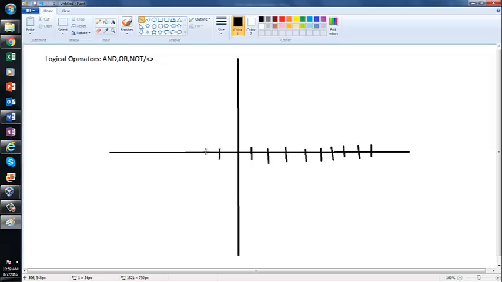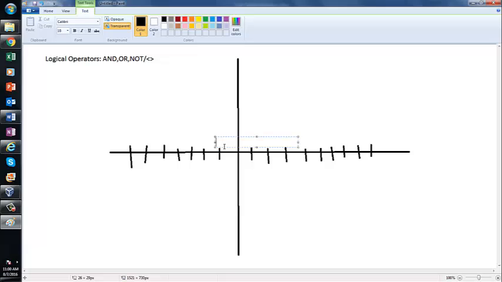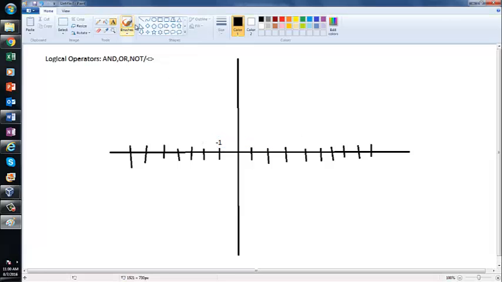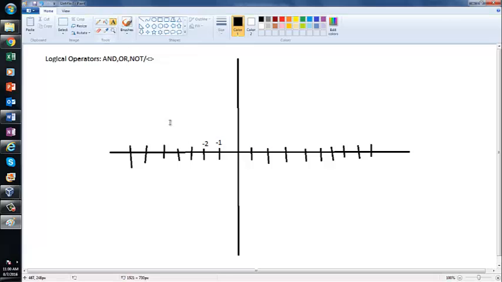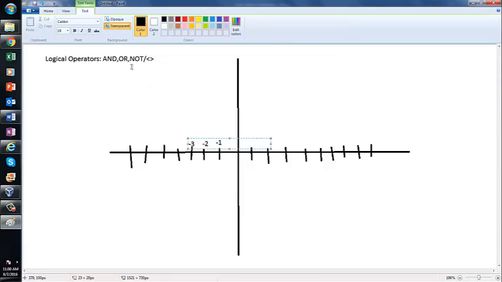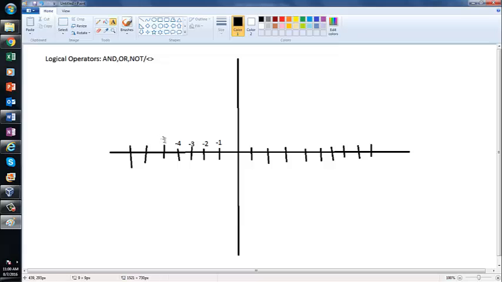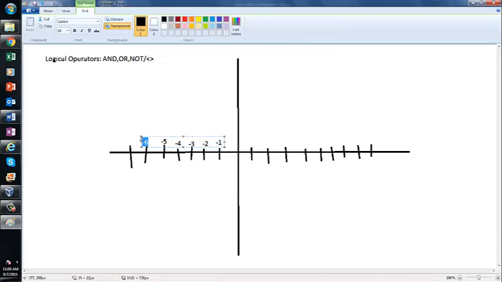This side minus 1, minus 2, minus 3, minus 4, minus 5, minus 6, minus 7.